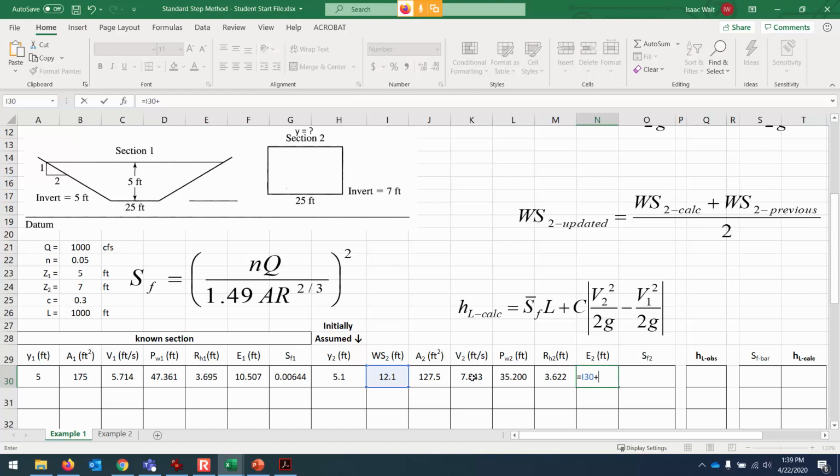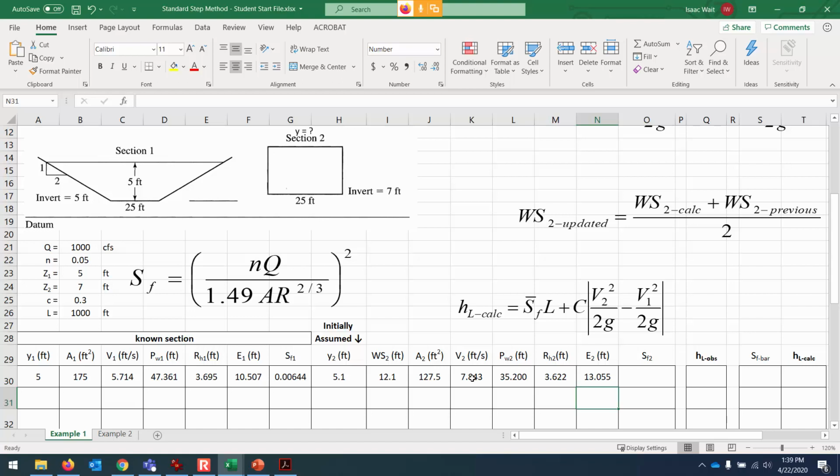So V squared divided by 2 times 32.2. And be careful with those parentheses because we want to divide by the entirety of 2 times 32.2. So you should get that the energy at location 2 is 13.055 feet.